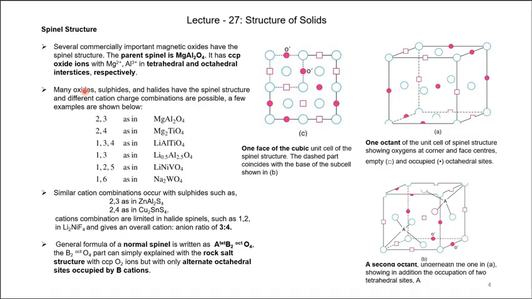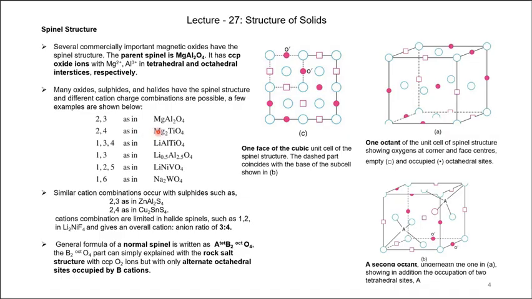Another thing we should discuss in the spinel structure is what type of materials and how many types of materials. You see magnetic oxides, but it's not only oxides; sulfides and halides can also have the spinel structure in different cation combinations. A few of the examples: in magnesium aluminum oxide, you see the cation oxidation states 2 and 3.